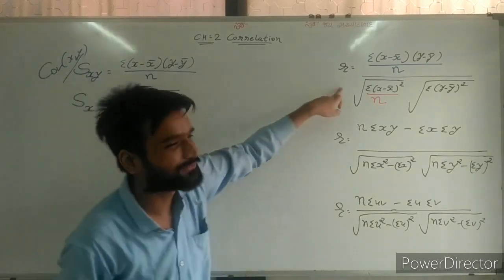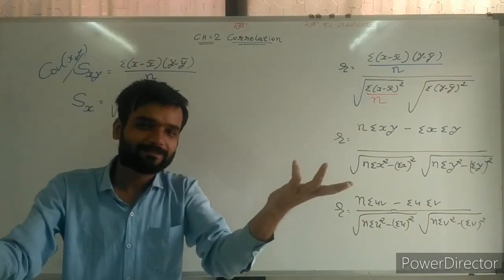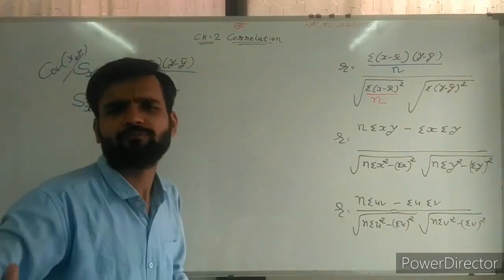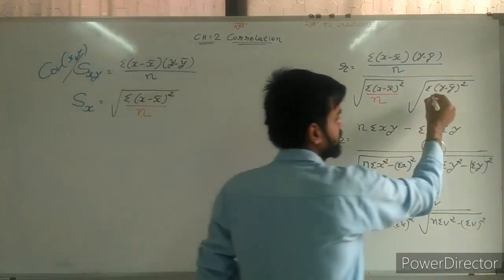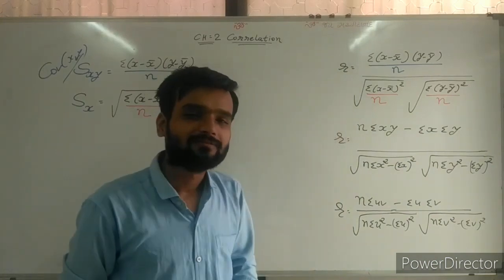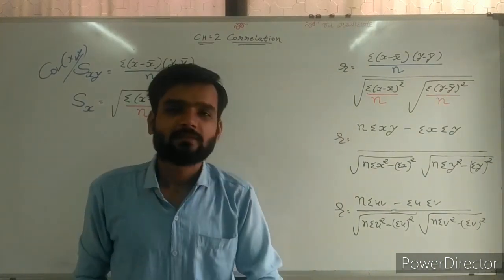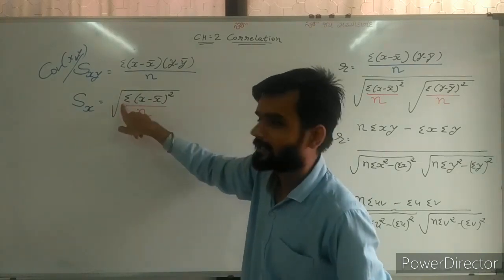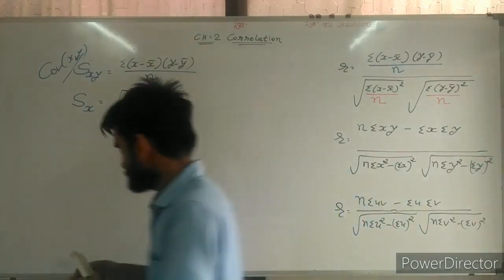On the basis of this formula, simple. Now, I know very well, if I write here divide by n, then the third formula, and you can write its name also. Here x is given, so Sx.